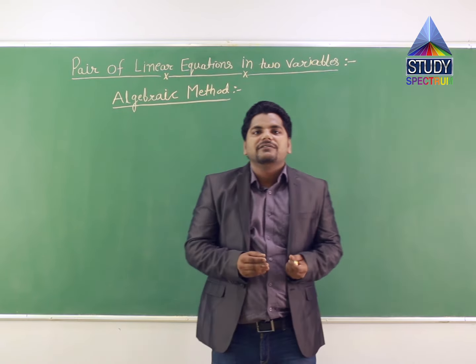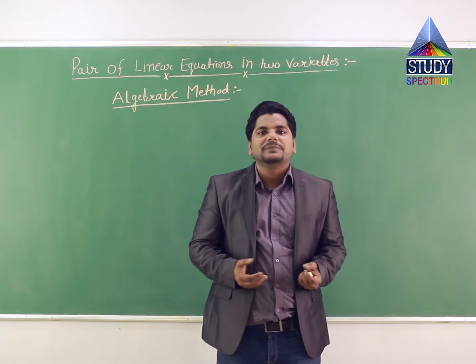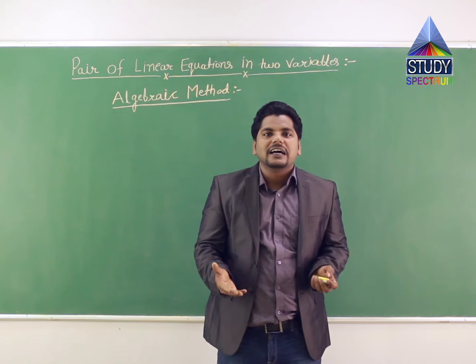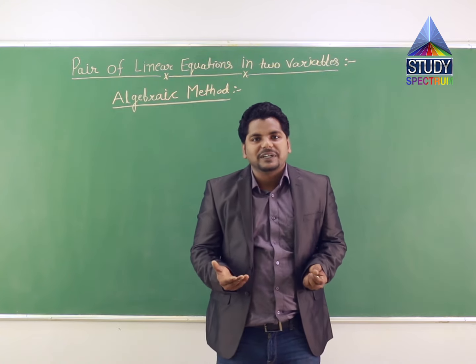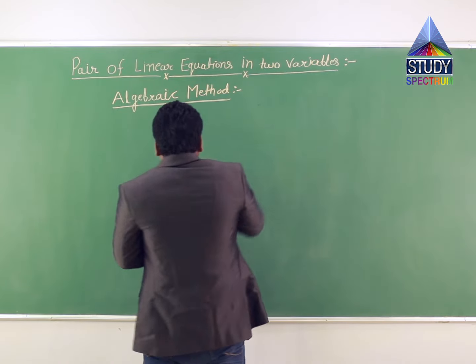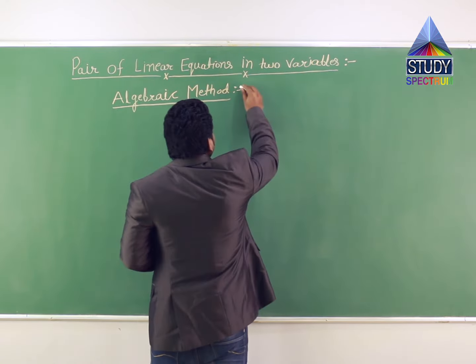In algebraic method we have 3 methods. First method is substitution method, second method is elimination method, and third method is cross multiplication method. Okay, so we have already done this. So in algebraic method we have 3 methods.